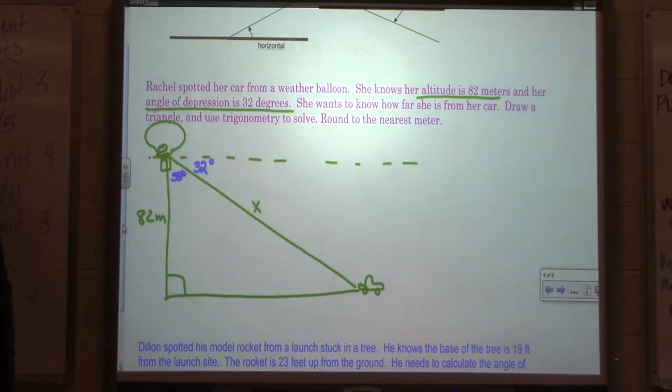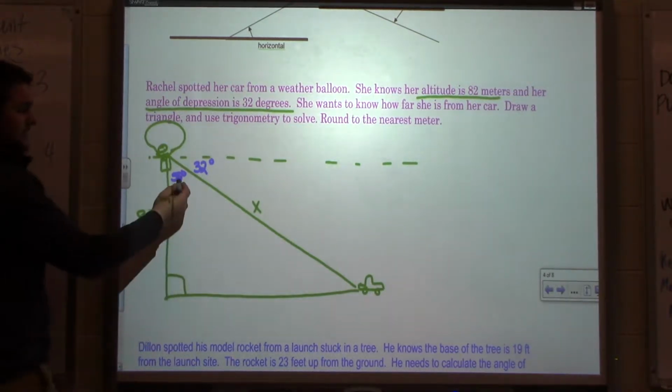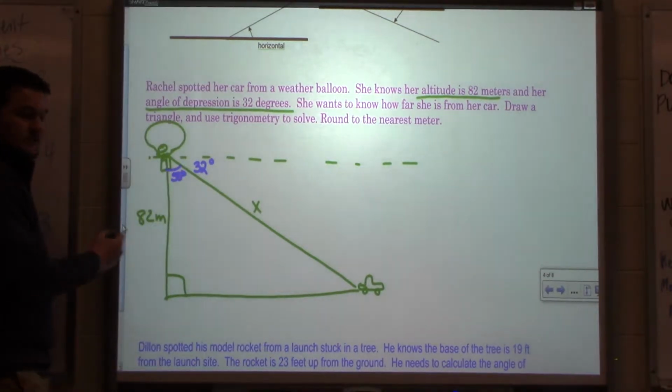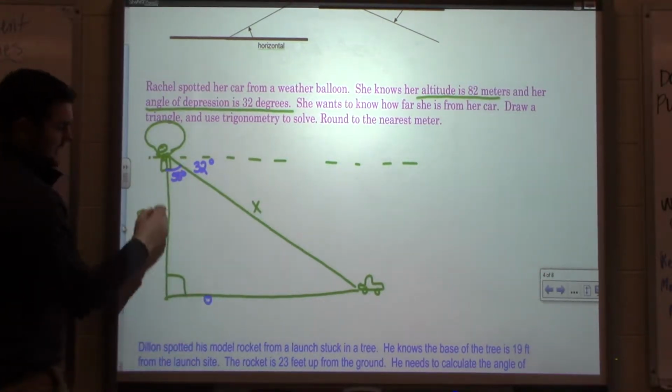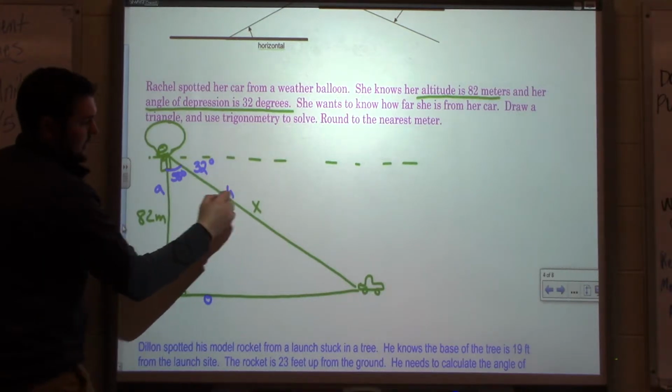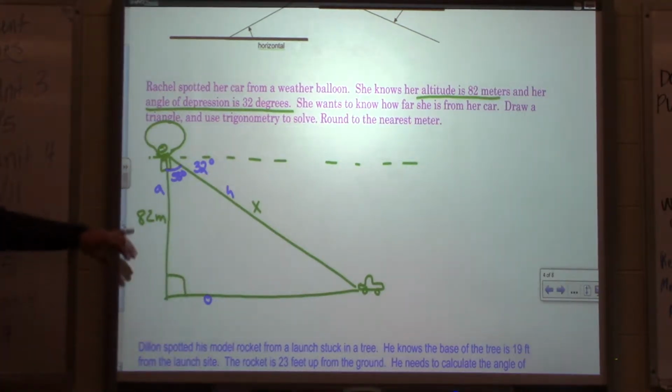Okay, so now we need to use trig to see how far she is from her car. Well, if this is my angle, that's the angle I'm using. This is the opposite side, the adjacent side, and the hypotenuse. Which are the two sides that I'm going to use? Adjacent and hypotenuse.